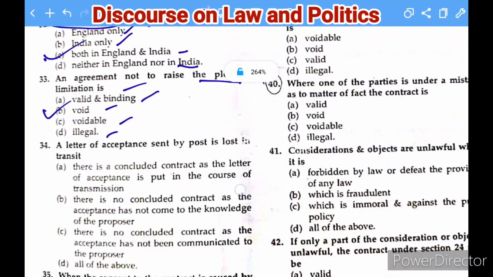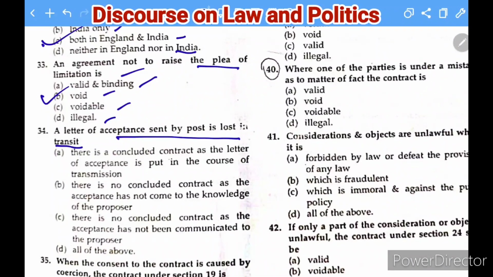Okay. A letter of acceptance sent by post is lost in transit. There is a concluded contract as the letter of acceptance is put in the course of transmission. There is no concluded contract as the acceptance has not come to the knowledge of the proposer. There is no concluded contract as the acceptance has not been communicated to the proposer, or all of the above.